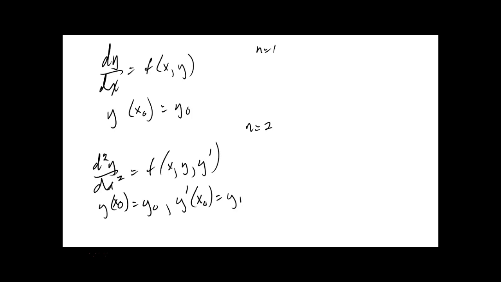And if you know that x0, y0 is there on the curve, but that the derivative of y is going to be this y1, then the slope of that curve is going to be here.